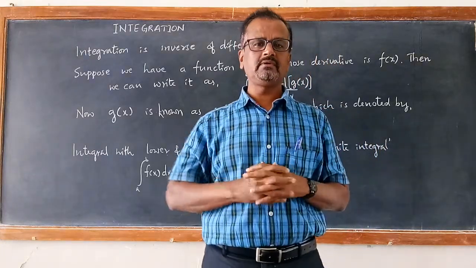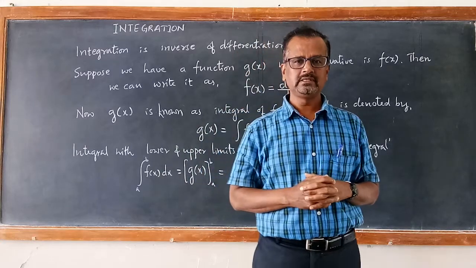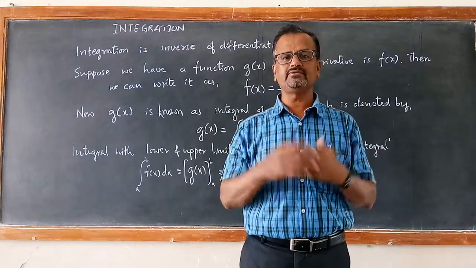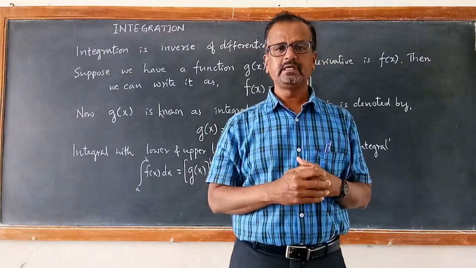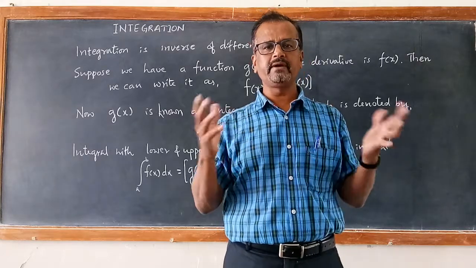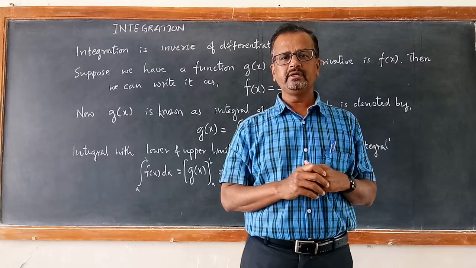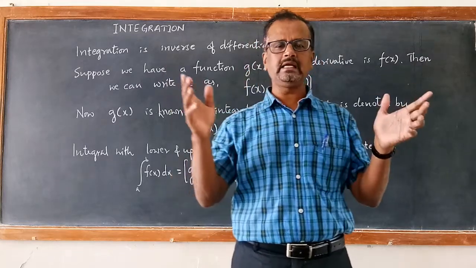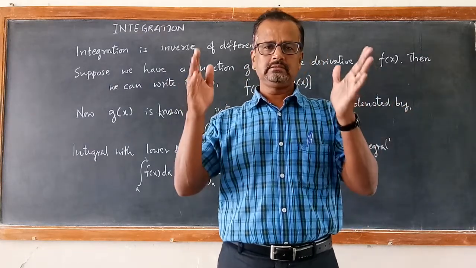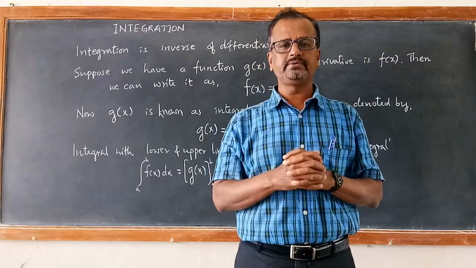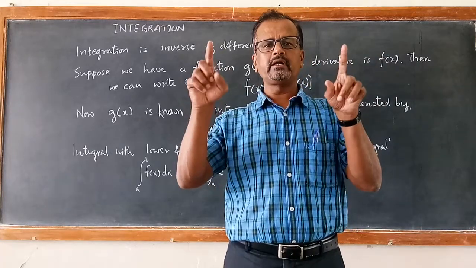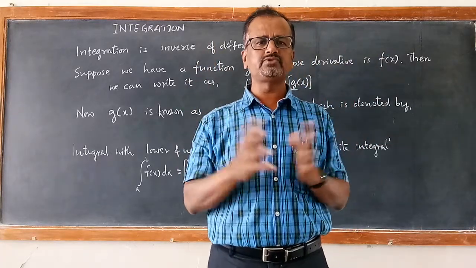So first of all, what is integration? Integration is the inverse of differentiation. Yesterday, while calculating the area under a graph, if the graph is a straight line, then we get a regular shape. The area of a regular geometrical shape is very easy to find out.